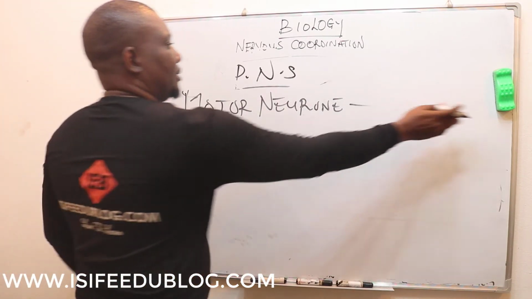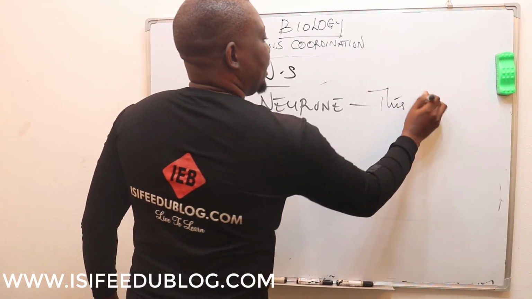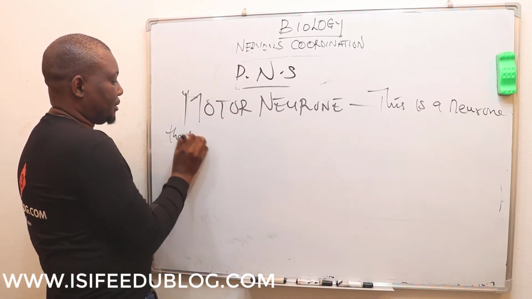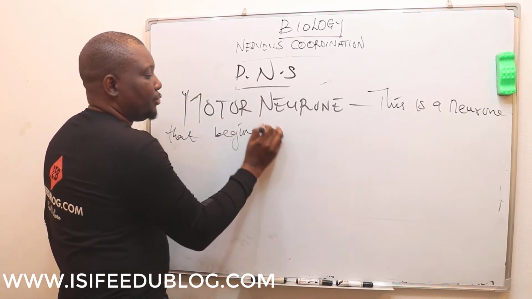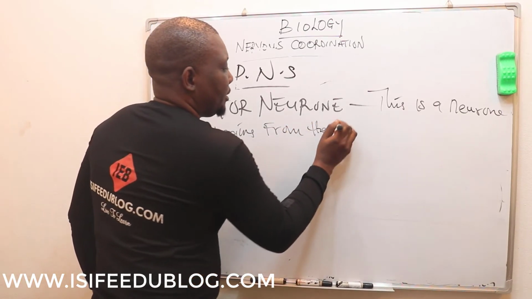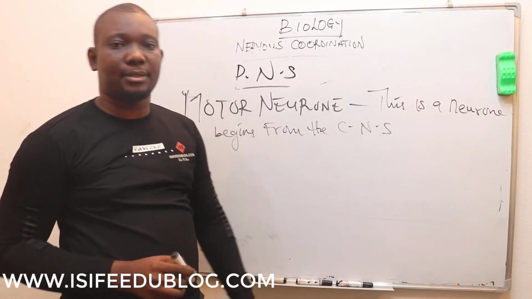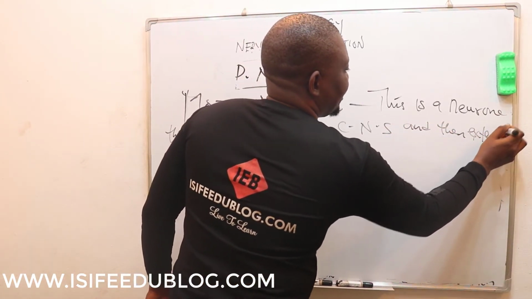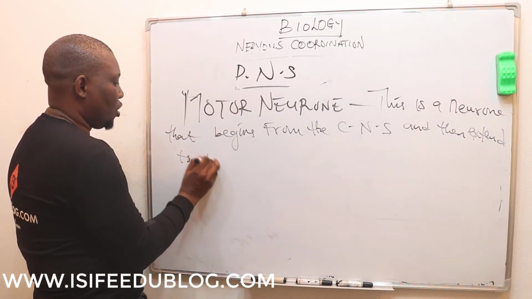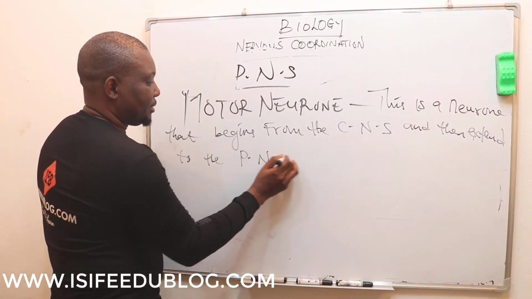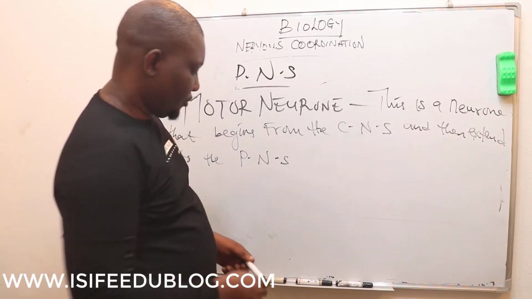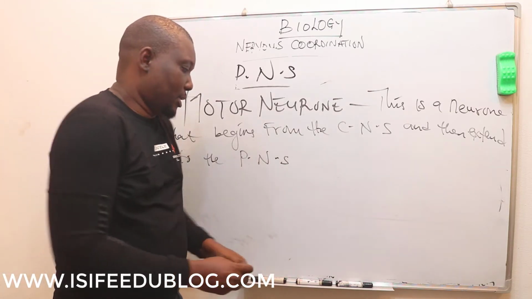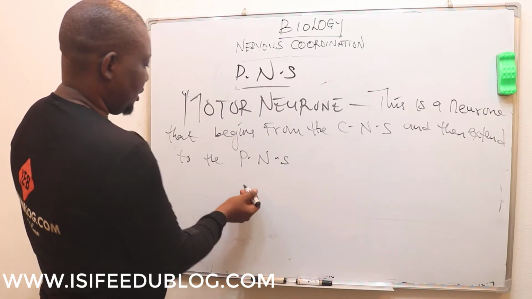I can say that this is a neuron that begins from the CNS and then extends to the PNS. And then extends to the what? PNS.